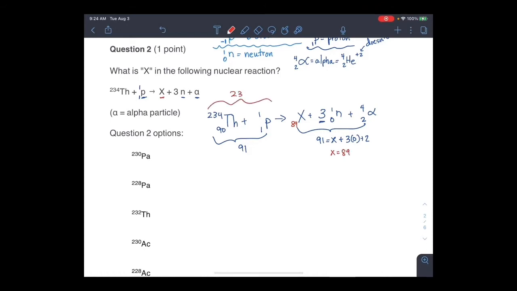I'll balance my top. I got 235 on top, 234 plus 1. So over here, I have whatever X is, plus 3 times 1 for my neutrons, plus my 4 for my alpha, must all add together to give me 235. So what is that? 235 minus 4 is 231, minus another 3 is 228?